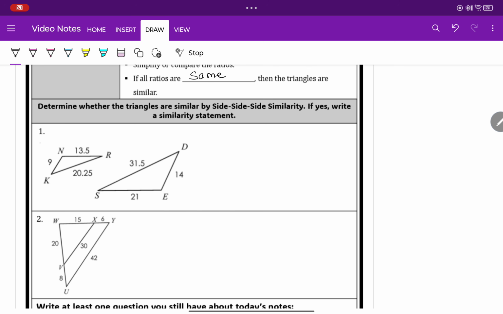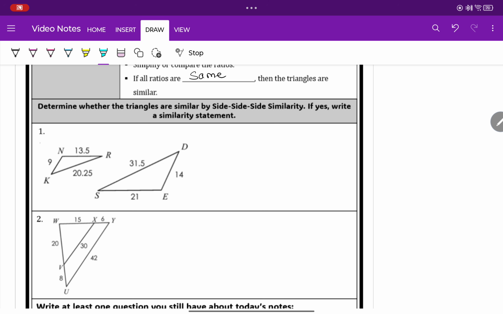So number 1, I don't have a similarity statement, but I can use what I know about my side lengths to determine which sides should be proportional, because triangle DES is actually upside down and flipped from triangle KNR.